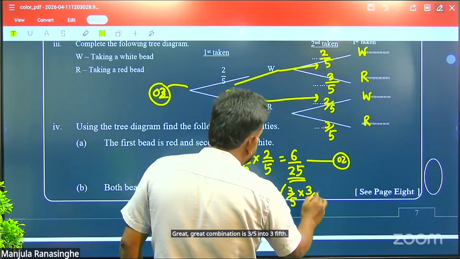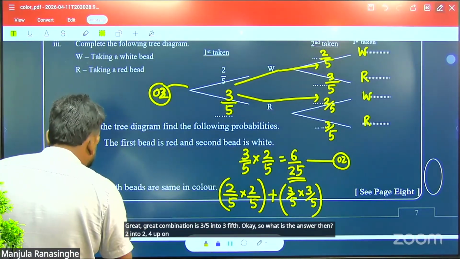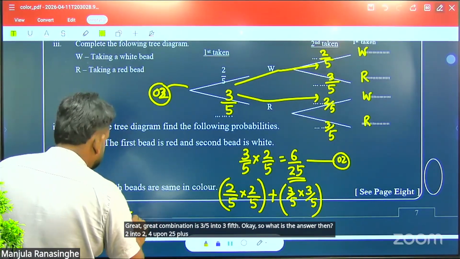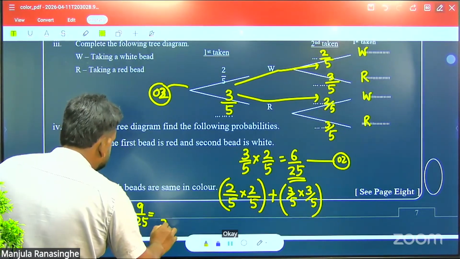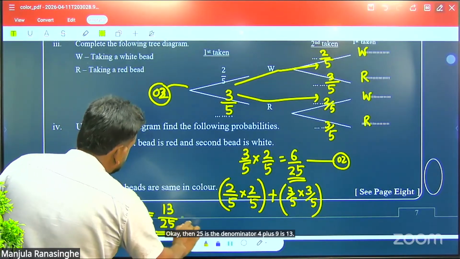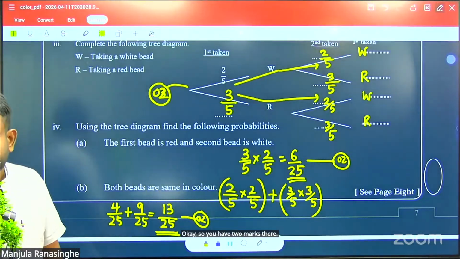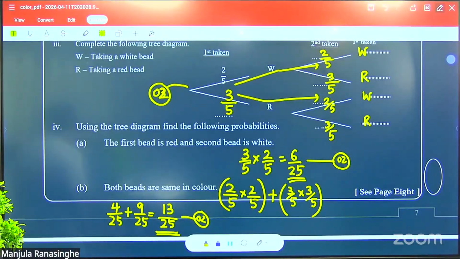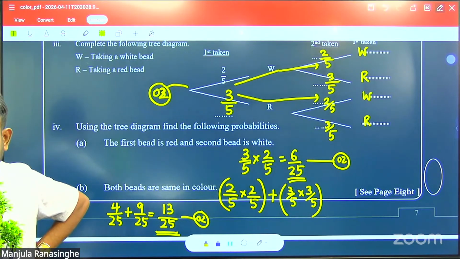Okay, so what is the answer then? 2 into 2, 4 upon 25 plus here 3 into 3, 9 upon 25. Okay, then 25 is the denominator, 4 plus 9 is 13. So you have 2 marks there. Right, complete the question.